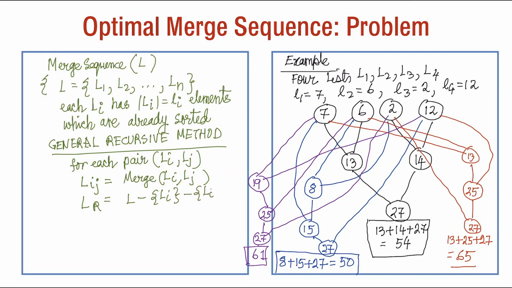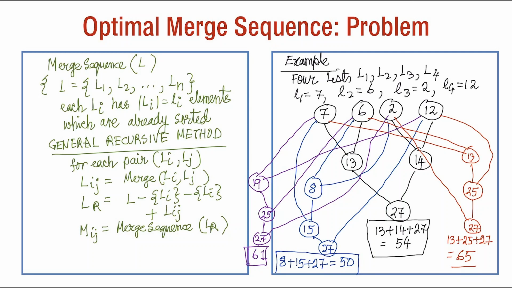So we remove Li and Lj from there, and we add Lij there, and then we recursively get the result by applying merge sequence of Lr.